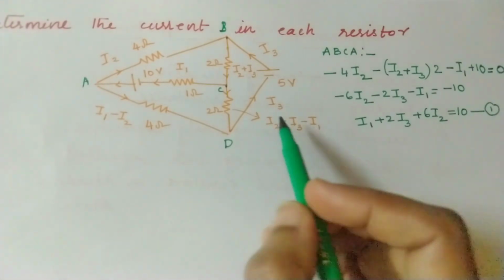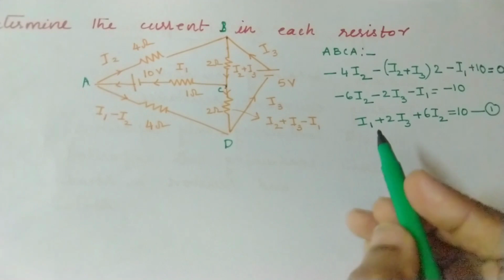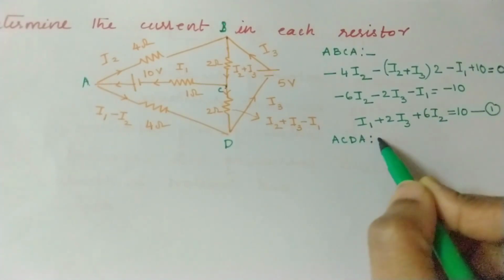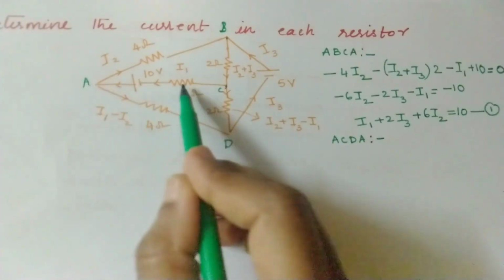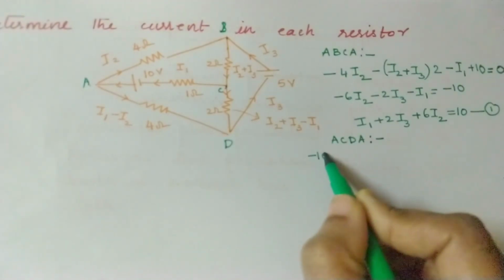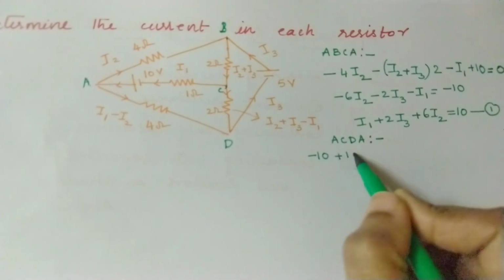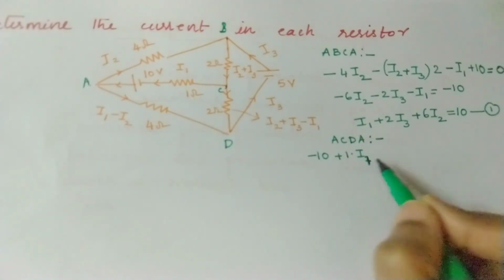Similarly, I will apply Kirchhoff's loop rule for this loop, that is A, C, D and A. Start from here, I am moving from A to C, positive to negative, so EMF is negative, minus 10. Opposite to the direction of current, plus 1 into I1.